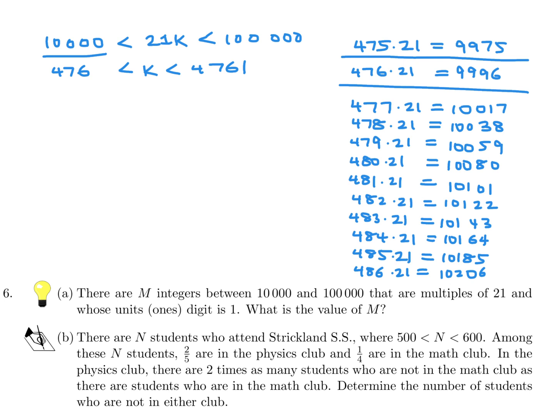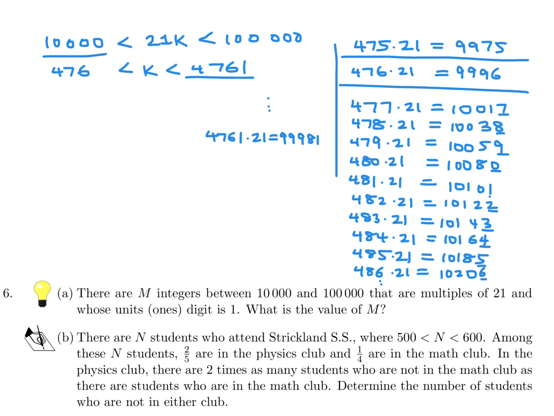The pattern is 7, 8, 9, 0, 1, 2, 3, 4, 5, 6. So the units digit increases by 1 every time. Okay, that's a pretty decent pattern, and so on. You guys get it. Eventually I want to get to the absolute end boundary. Well, 4761 times 21, what's that? That is 99981.